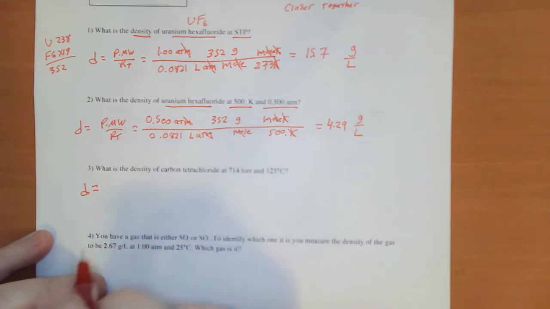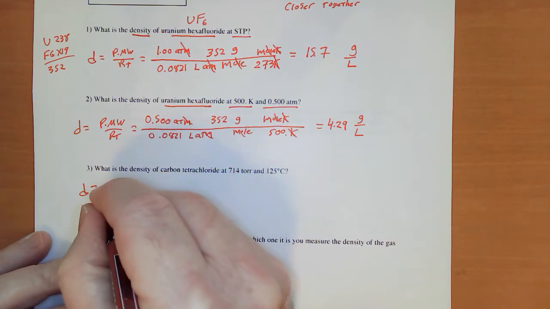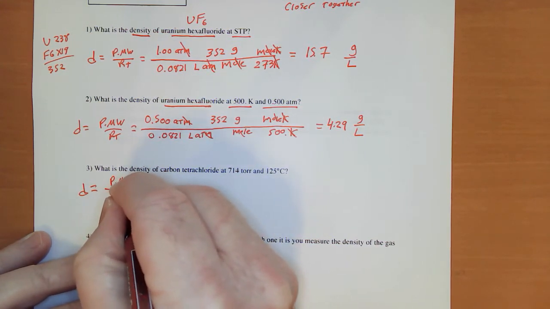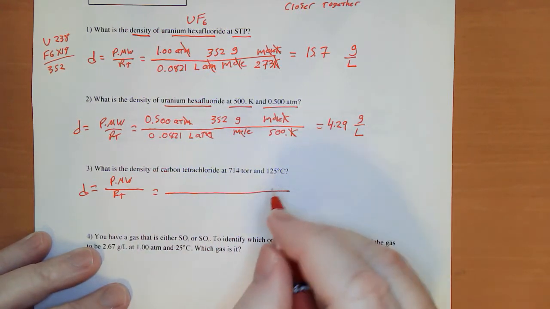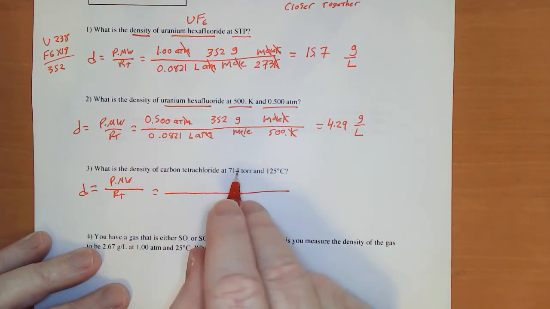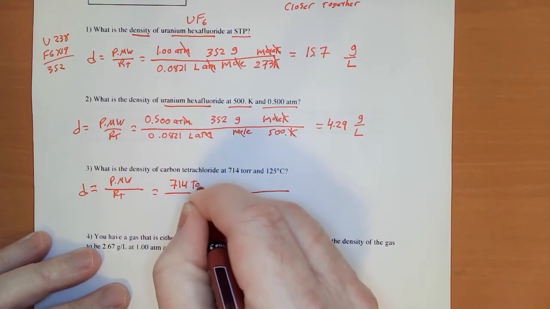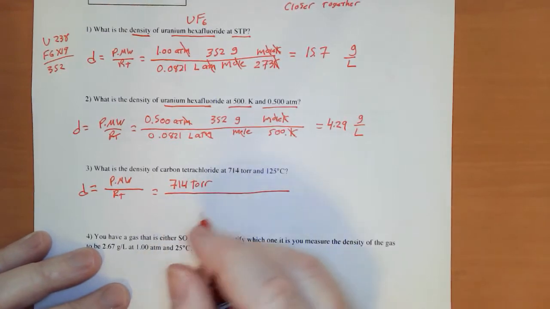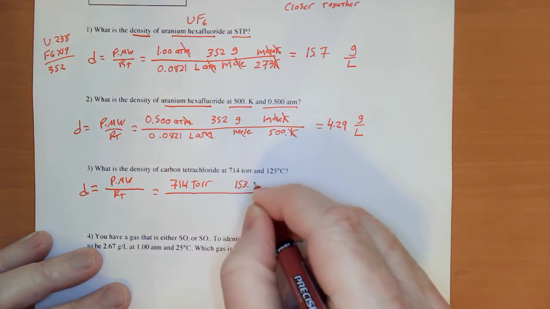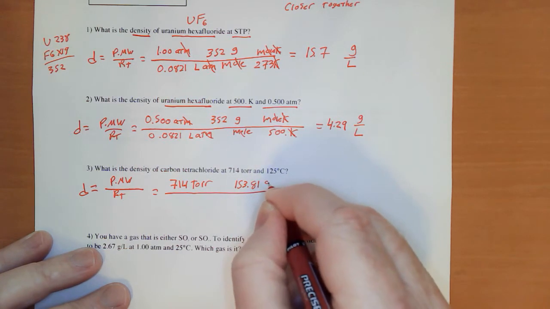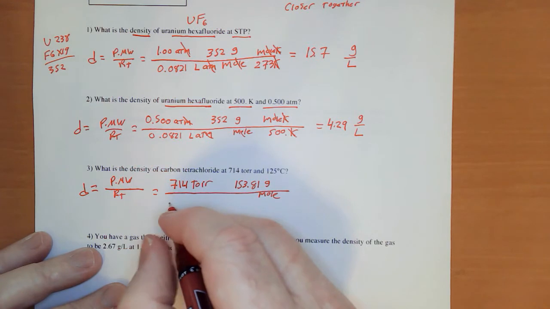Okay, now, just one more basic style question. The density of carbon tetrachloride. Okay, I wanted to go with a smaller molecule. Pressure times molecular weight over RT. Now, the pressure is 714 torr. Carbon tet: I added it up and I got 153.81 grams per mole. I'm going to have to use a different value of R this time.